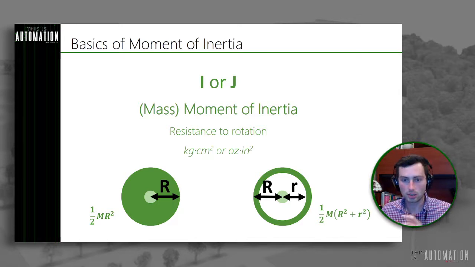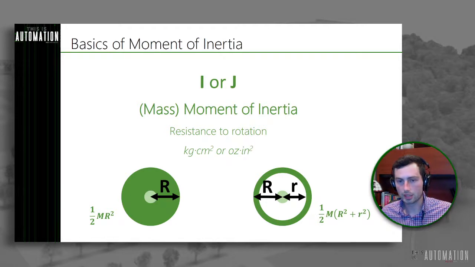So let's assume this is a hollow cylinder with the same mass, so it's maybe a little bit longer than the solid cylinder. You can see that the equation for that object would be 1/2 the mass times the outer radius squared plus the inner radius squared.